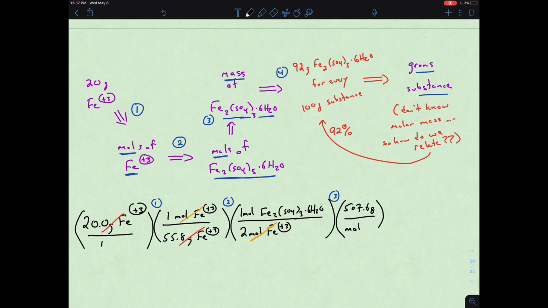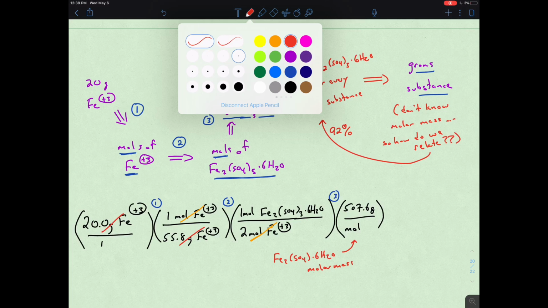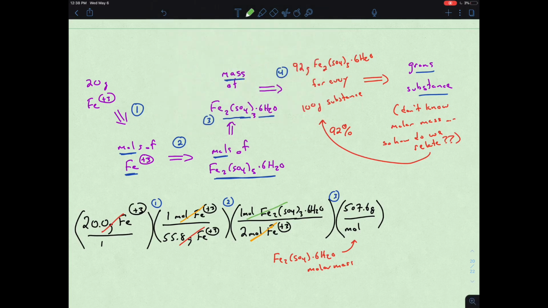Just for space, realize that this is for the ferric sulfate hexahydrate molar mass. So our moles of that ferric molecule are disappearing. And now I'm using the mass of that particular molecule to the substance.